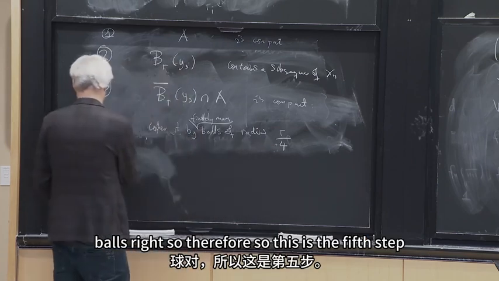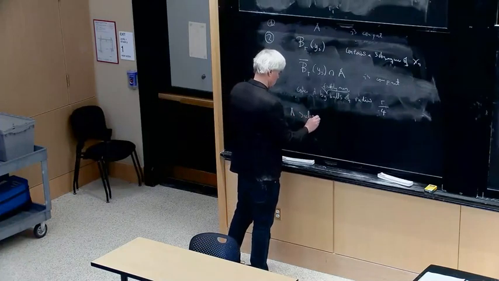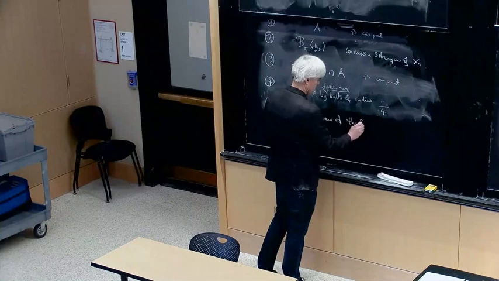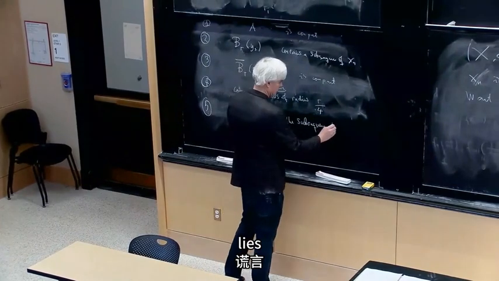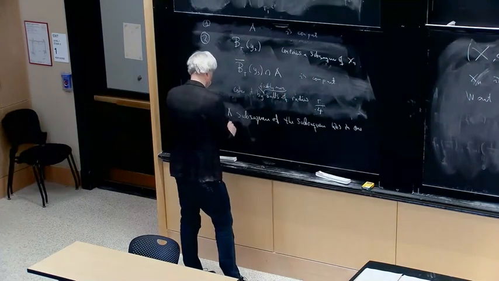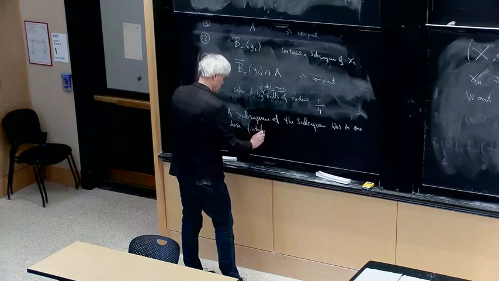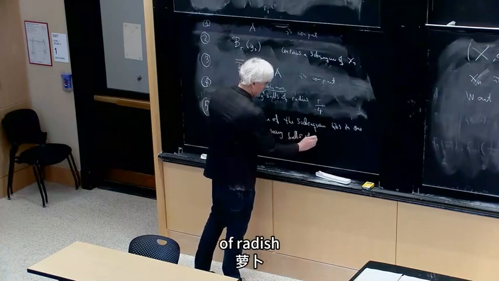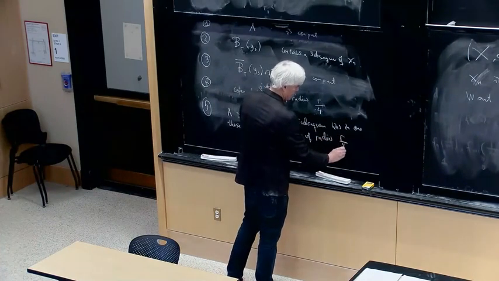So therefore, this is the 5th step: a subsequence of the subsequence lies in one of these finitely many balls of radius r/4, right?